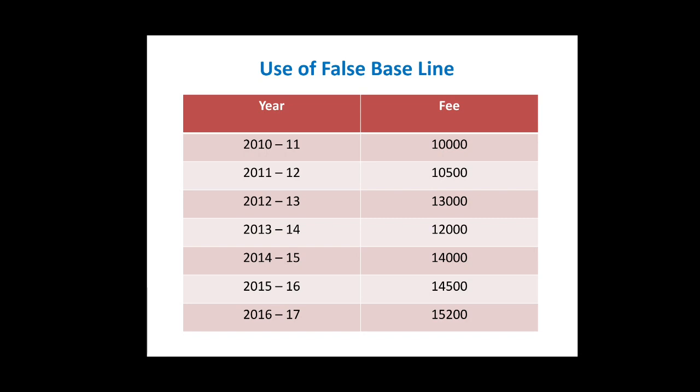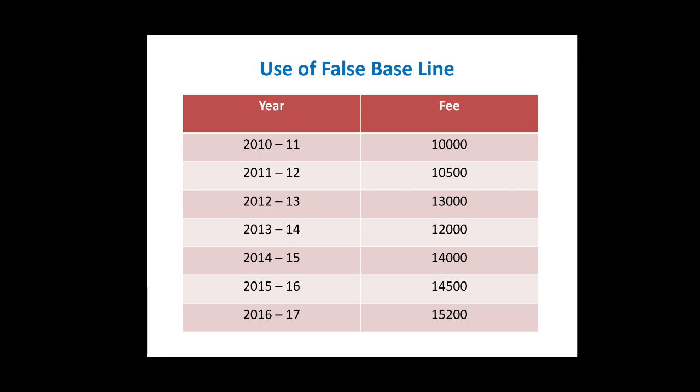Students, presentation of this data involves the construction of a false baseline because the difference between the minimum fee charged and zero, that is the point of origin, is very high. Or we can say that the arithmetic figures regarding the fee charged start with a high value like rupees 10,000.